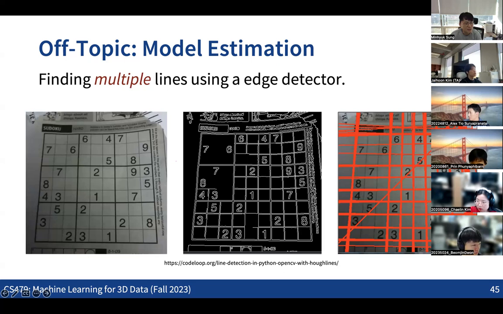For those cases, the points on the other lines might be outliers for a certain model, right? So when you want to find multiple models, we need a better strategy.